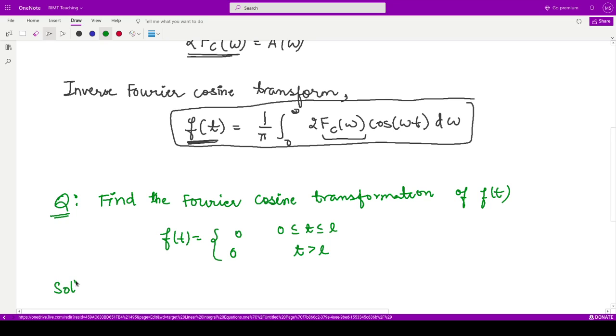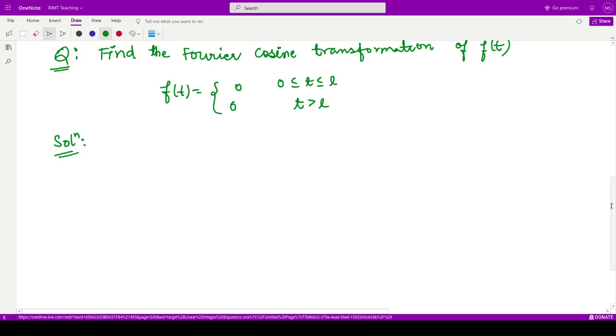We are to calculate its Fourier cosine transform. For Fourier cosine transform, we know the formula. The Fourier cosine transform of the function f of t is defined as integration from 0 to infinity f of t cos omega t dt.